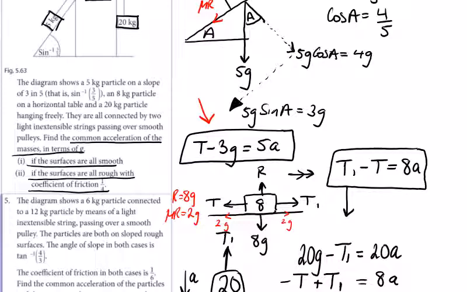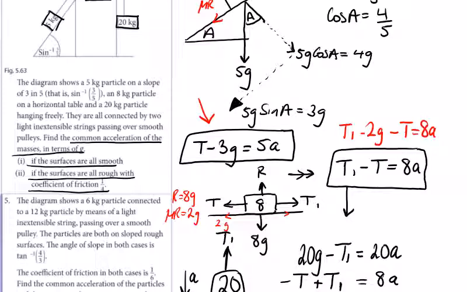They will obviously cancel in this question. So I'm left with T1 minus the 2g minus the T is equal to 8a. We're not looking at the friction twice, just ignore that.